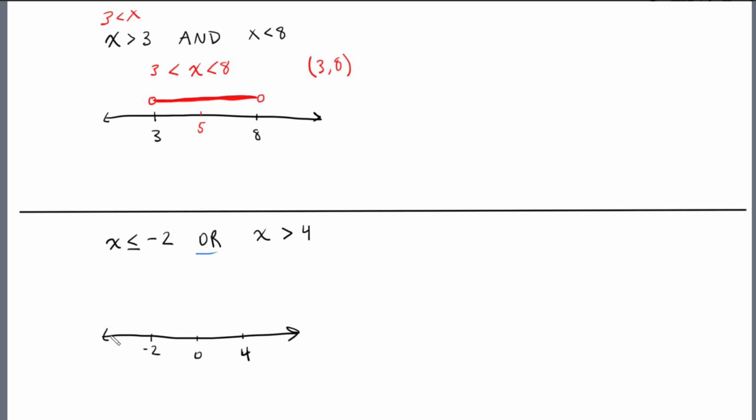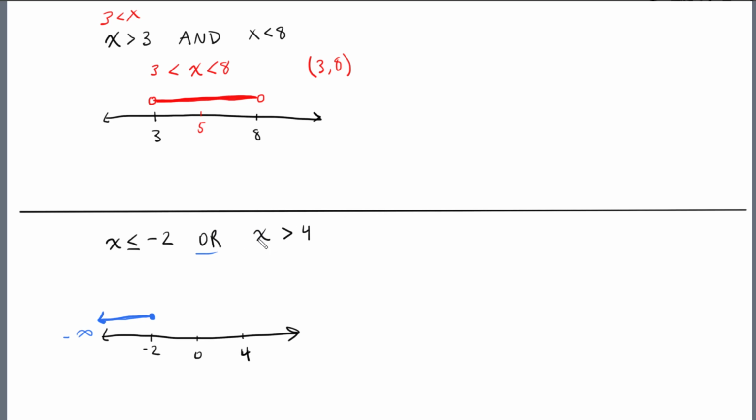Okay, so if I'm on the left side of the number line, between -infinity and -2, does that satisfy either of these? Well, it satisfies this first statement. x is less than or equal to -2. So everything to the left of -2, I can shade. I'm going to use a closed dot because less than or equal to means I can touch -2, and I'm going to shade everything to the left.